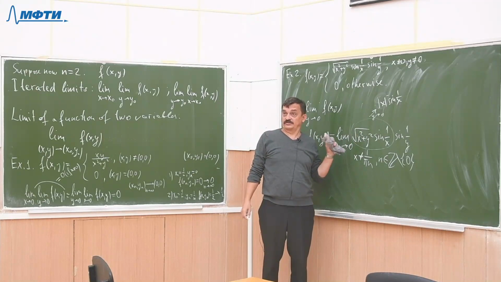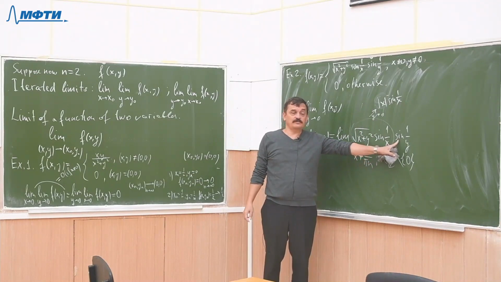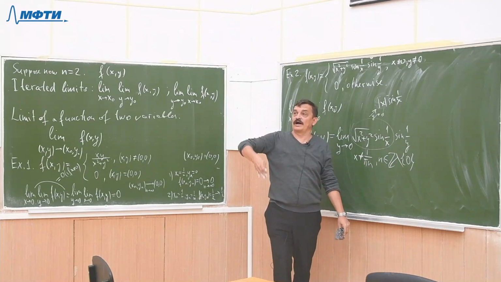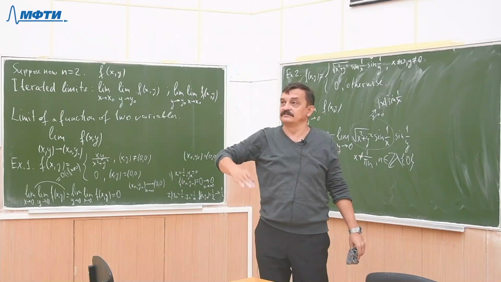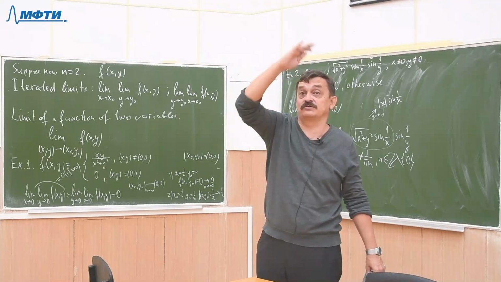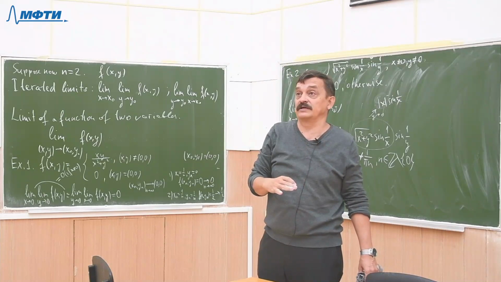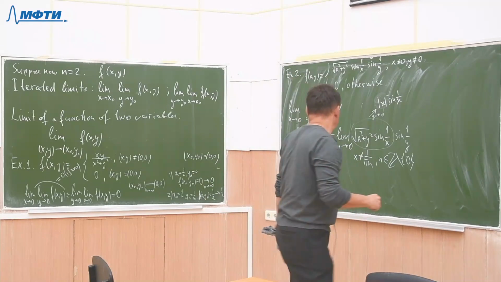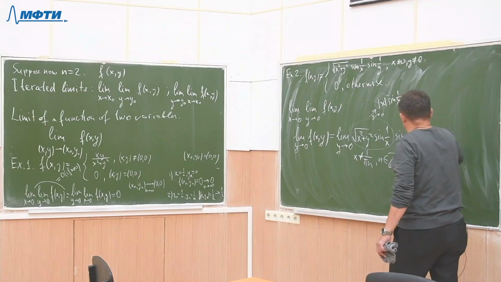What happens with the other factor? We know sine 1 over y has no limit. It alternates between -1 and 1 as we approach 0. So this limit doesn't exist.